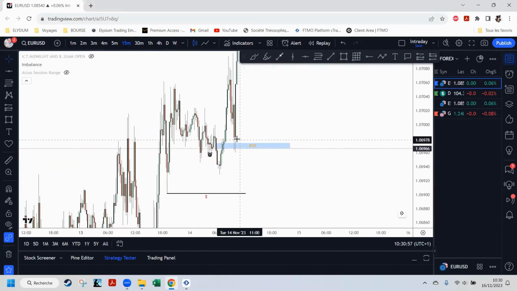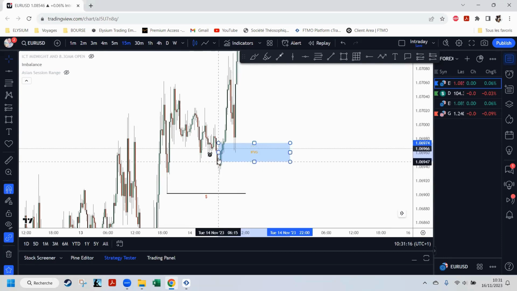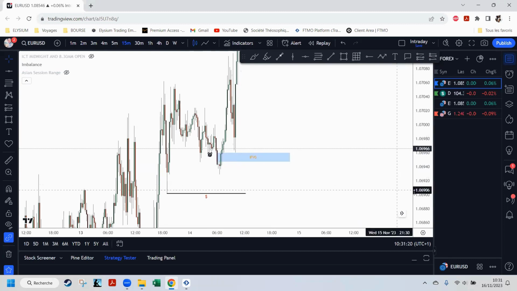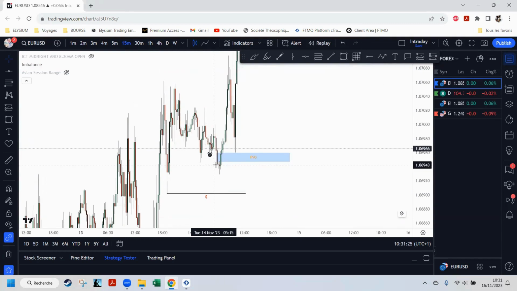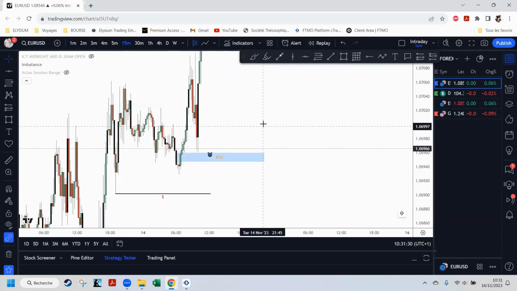So Tuesday, you see, there was this inverted fair value gap, which for me was important. Even if probably this one created displacement too, for me this one was even better, because this one, a perfect touch, created the displacement and took all those weeks.